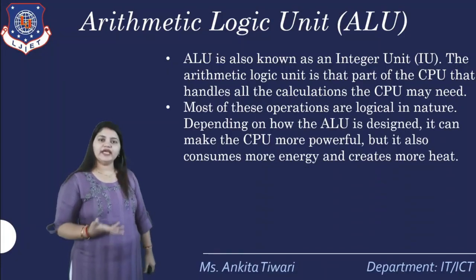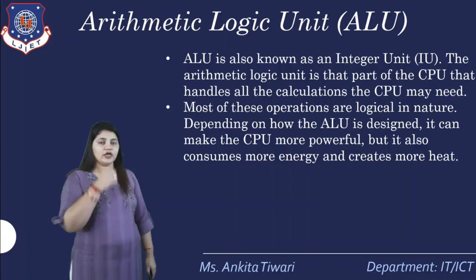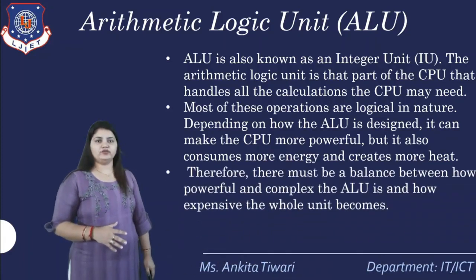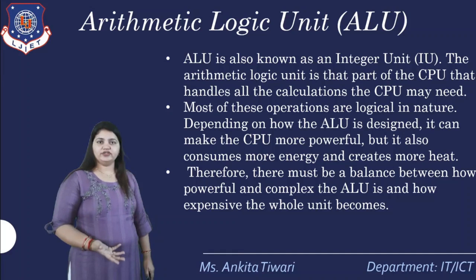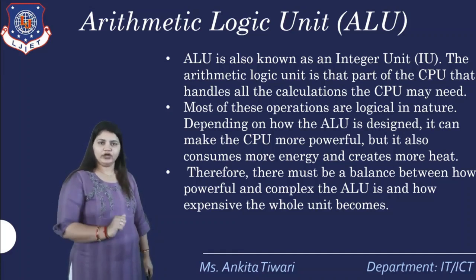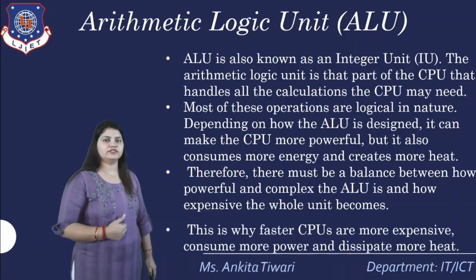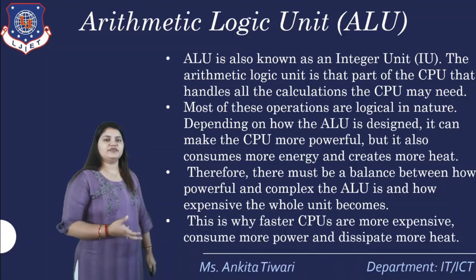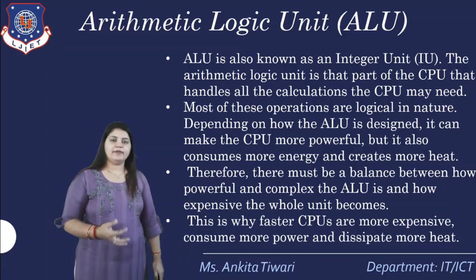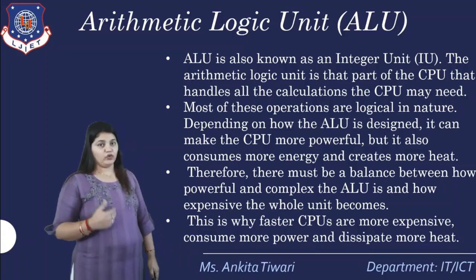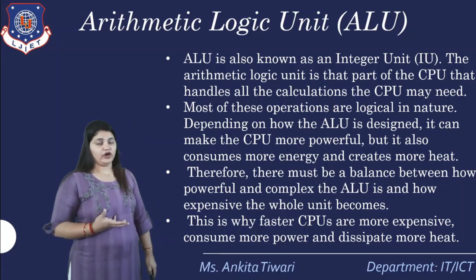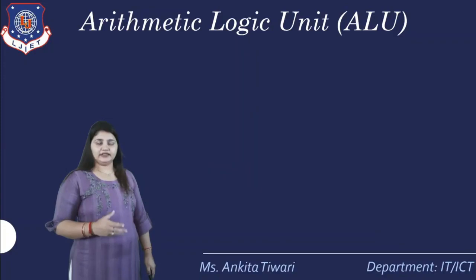Depending on how the ALU is designed, it makes the CPU more powerful, because it will define every operation, which will require more energy and more heat. Therefore, there must be a balance between how powerful and complex the ALU is and how expensive the whole unit becomes. This is why faster CPUs are more expensive, because they take more power and dissipate more heat, so they require more cooling.